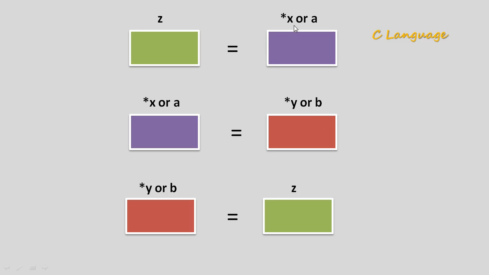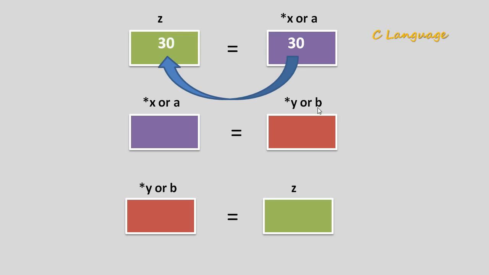We can say that on behalf of a, this pointer variable asterisk x is working, and the value inside it is 30. So asterisk x is going to work for a. This 30 is going to store inside z, so the value of z is 30.